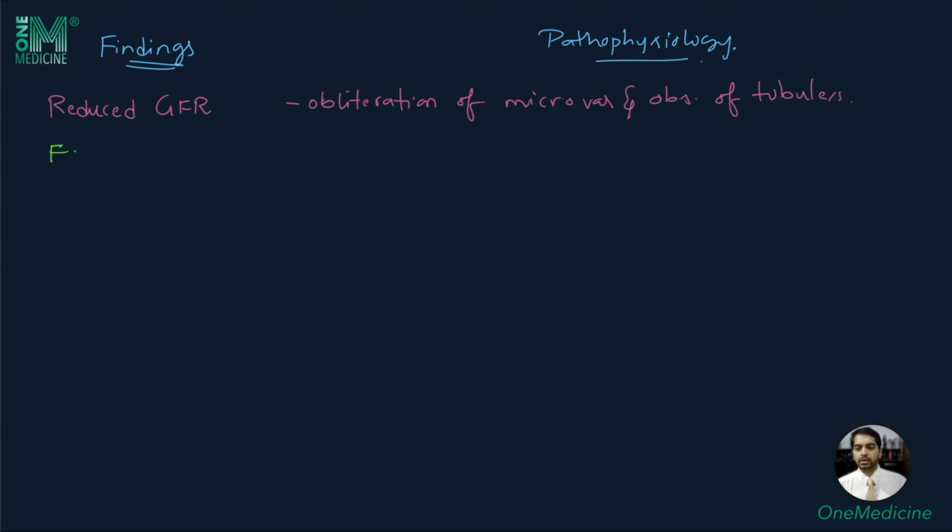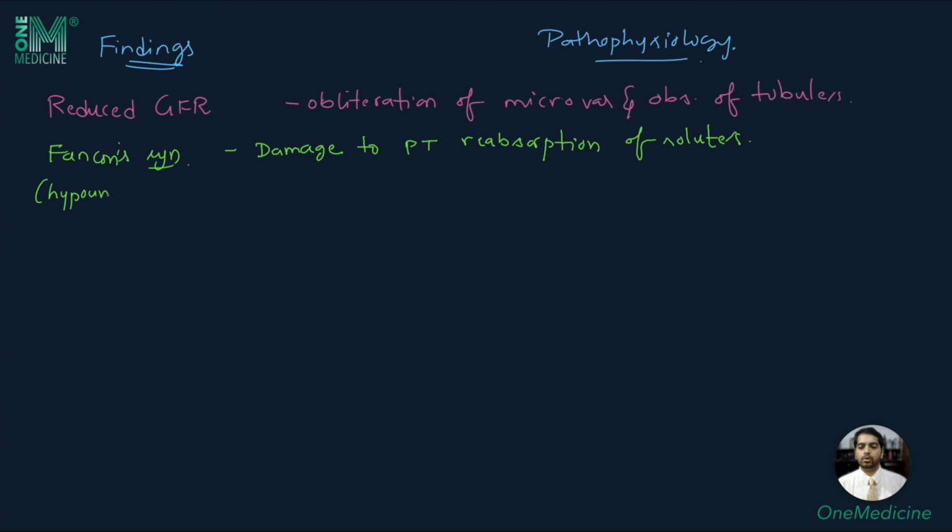The second condition is Fanconi's syndrome, which is caused by damage to proximal tubular reabsorption of solutes, and this is characterized by hypouricemia, low molecular weight proteinuria, and proximal tubular acidosis.